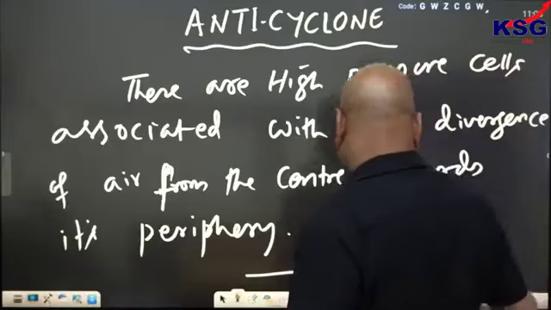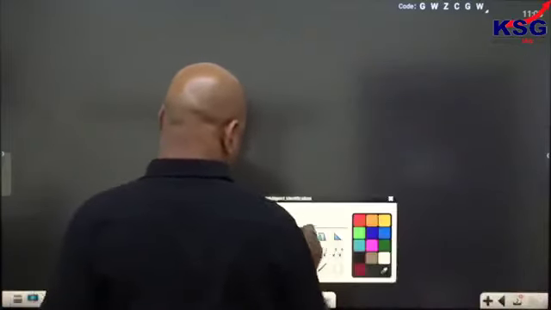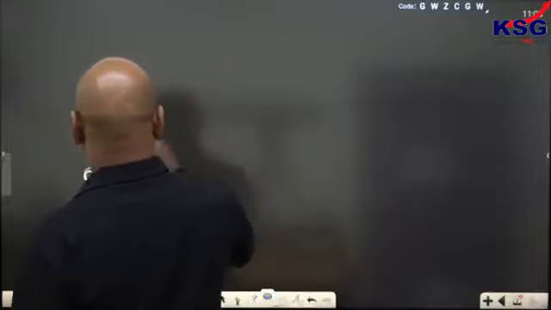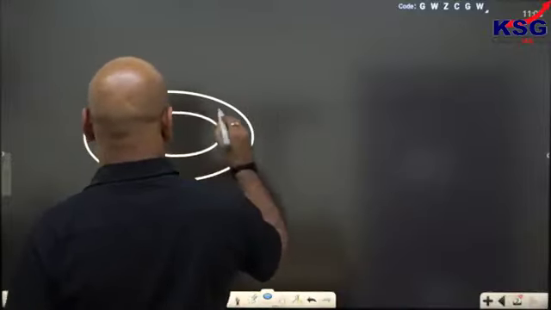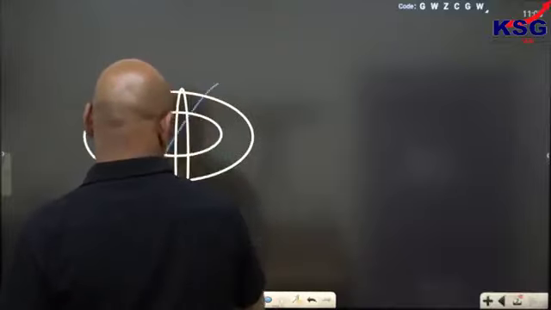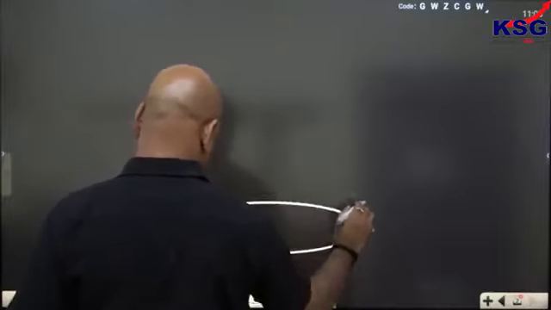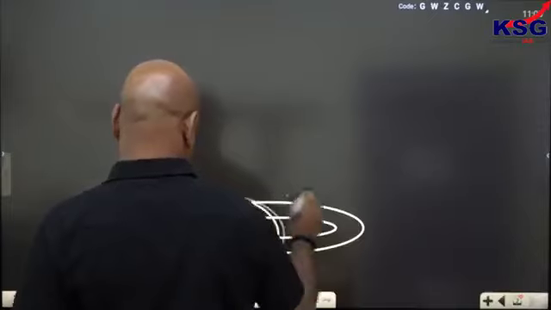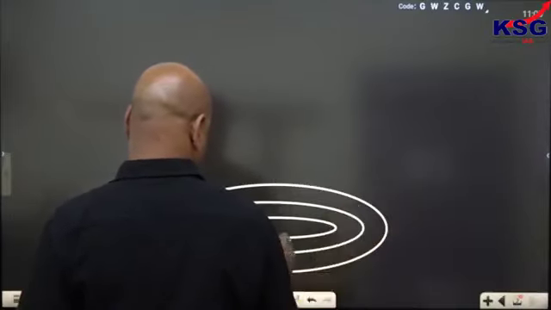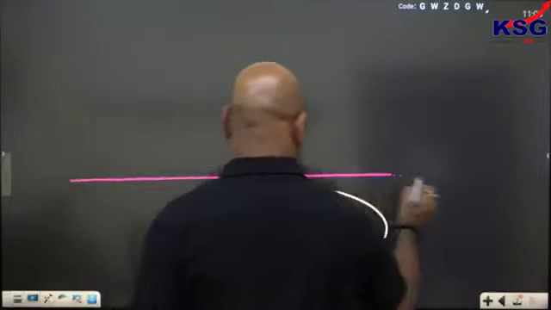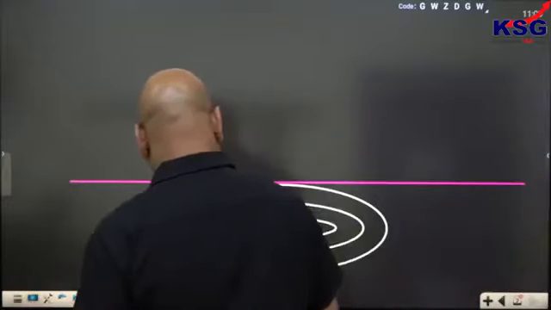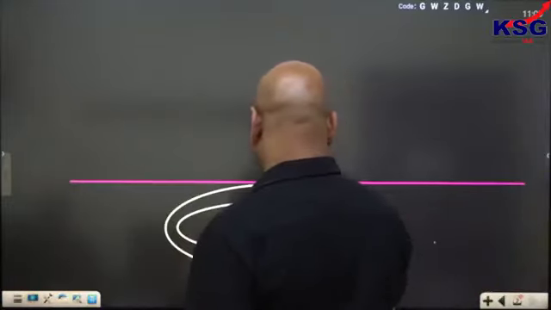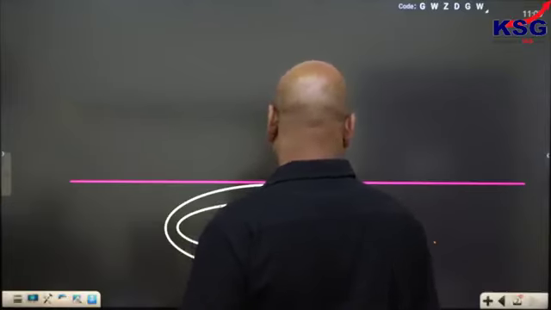So look here. If we have a pressure cell here, let us say you have highest pressure at the middle part, and the highest pressure here is, let us say, 1000 millibar.